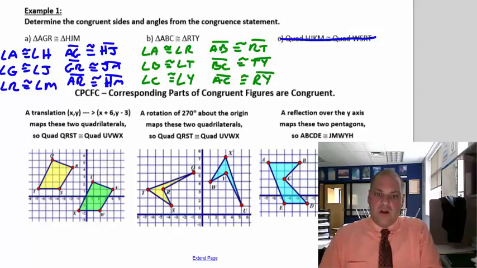Why? First letter, last letter, first letter, last letter. The way it's written is very important.